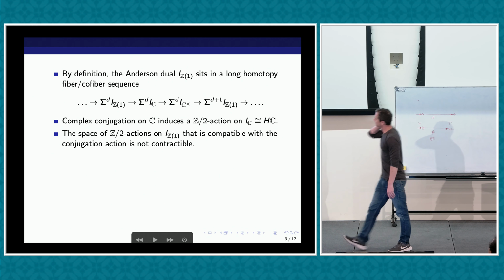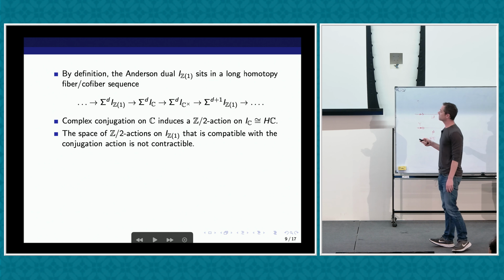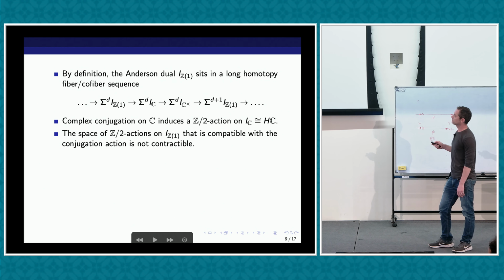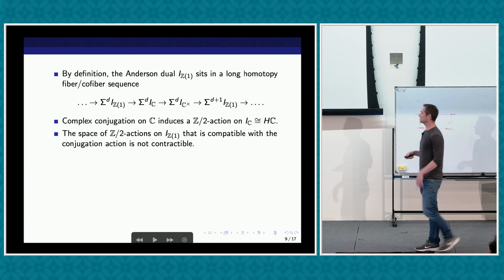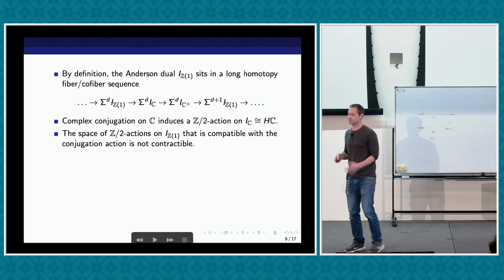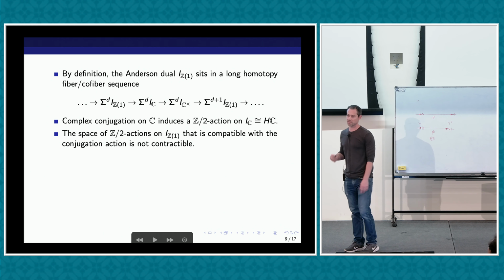The thing is, there's not a canonical choice of action on either of those. The space of actions for which this map is equivariant is not contractible, but it's pretty easy to understand. It splits as a finite disjoint union of connected components, and you just need to say which connected component you want to take.